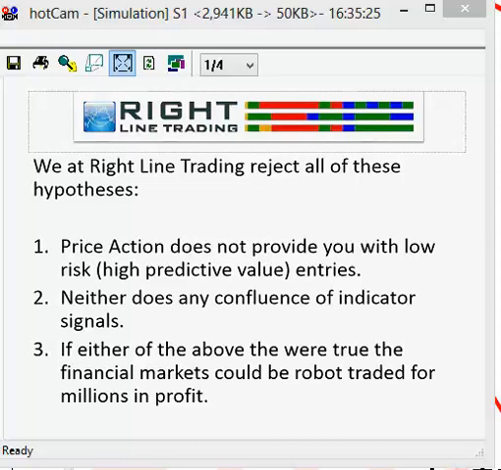Now, people have been searching for dozens of years for some confluence of indicator signals that will trigger a blue dot buy or a yellow dot sell with predictive value high enough to make you a profitable day trader, and nobody's been able to do it.